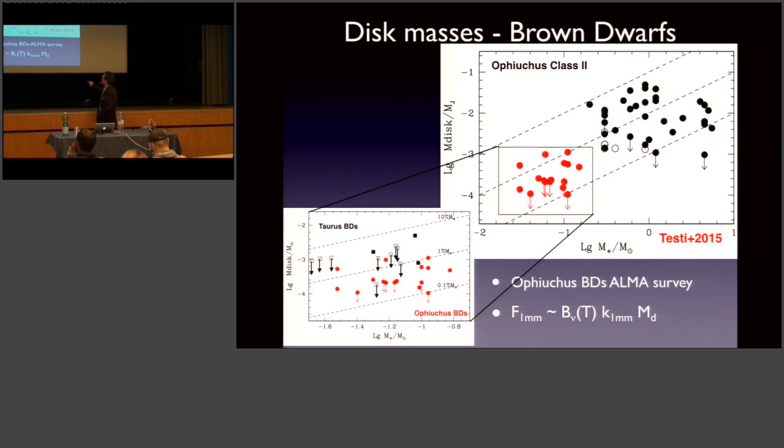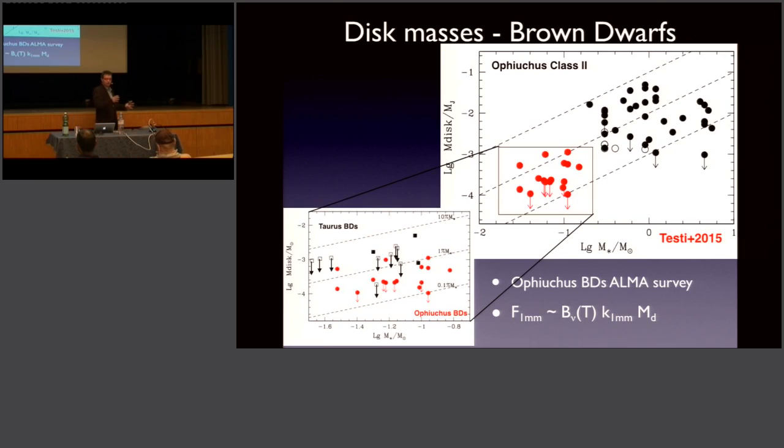Okay? So the fact that the brown dwarf population contains lower mass disks, disks of lower mass compared to the mass of the star with respect to the main population, is possibly an indication that disks in the brown dwarf regime are slightly different from the disks in the solar mass regime.